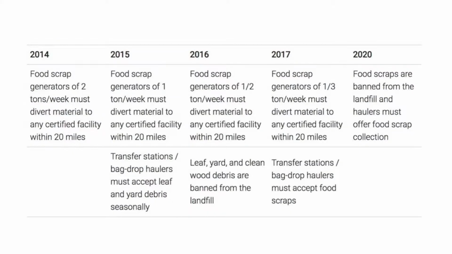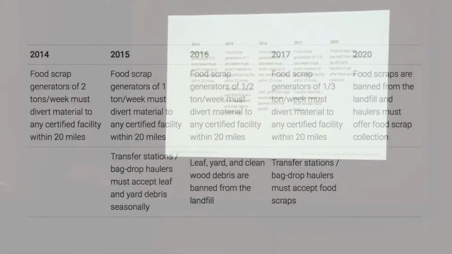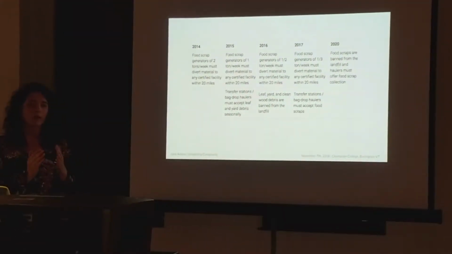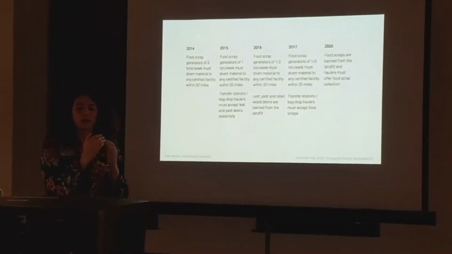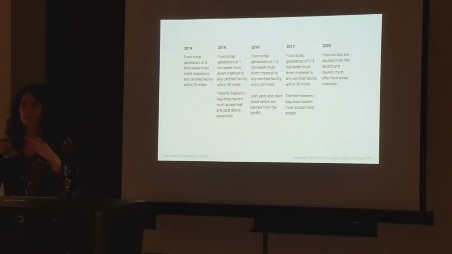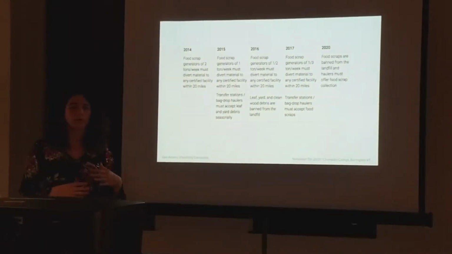So by 2014, food scrap generators of 2 tons per week had to divert material to a certified facility, and then by 2020 we're going to move all the way down to individual households.